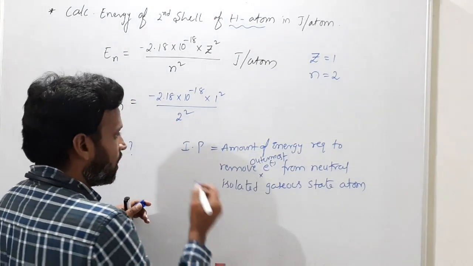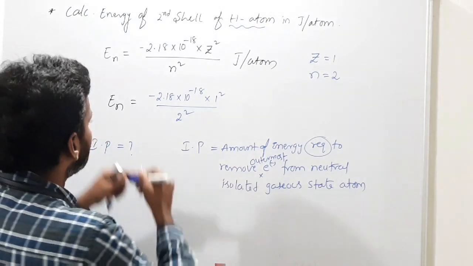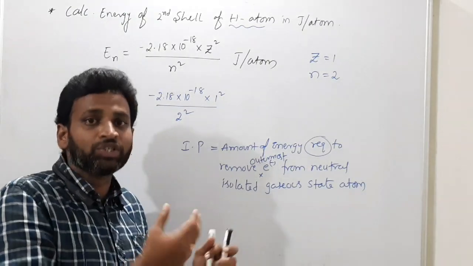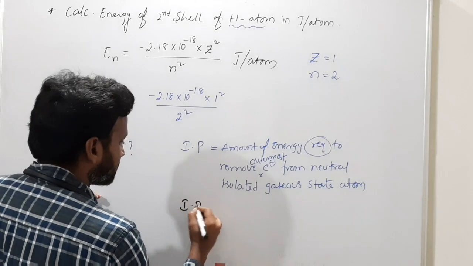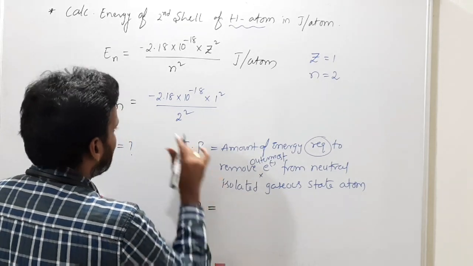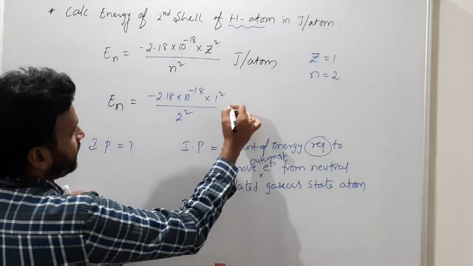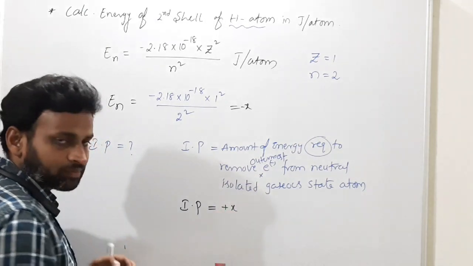This is the energy of orbit which is already present. So what I am trying to tell you is, suppose here you are getting some x, you are getting minus x, so that is plus x.